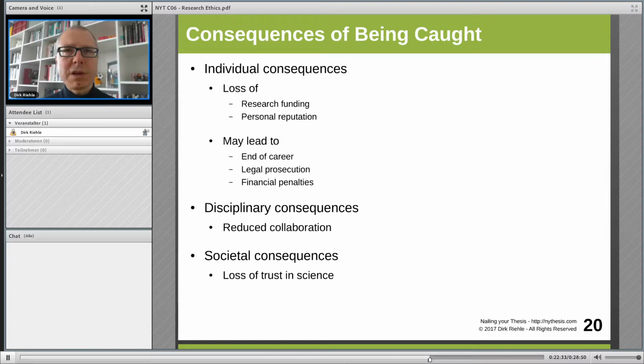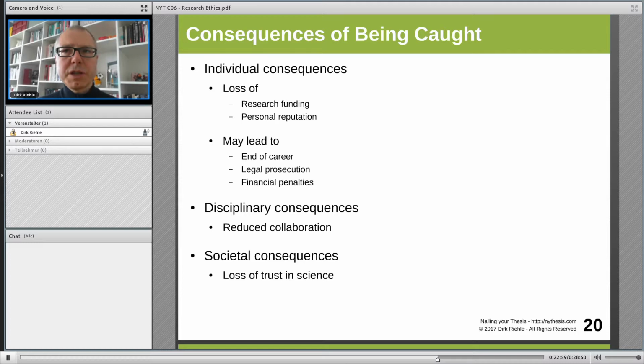They might lose their reputation. They might lose funding even before they lose reputation, or in conjunction with it, because as you agree to take funding, you sign off on performing research only in the most ethical way. So it's legally agreed upon. Your funding can be retracted if you are shown to have behaved unethically.